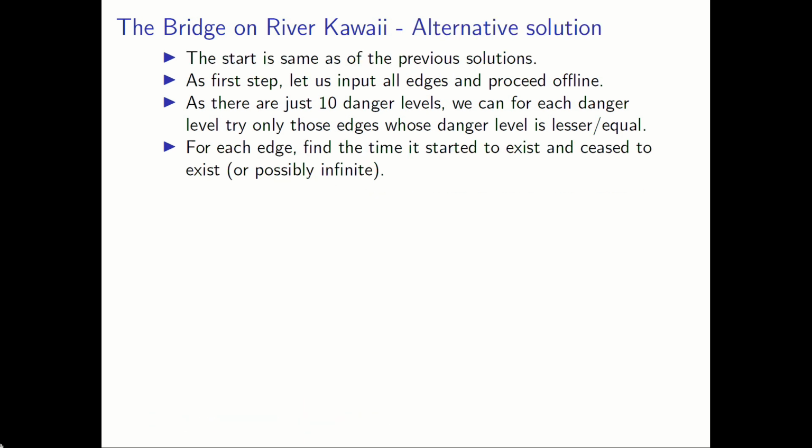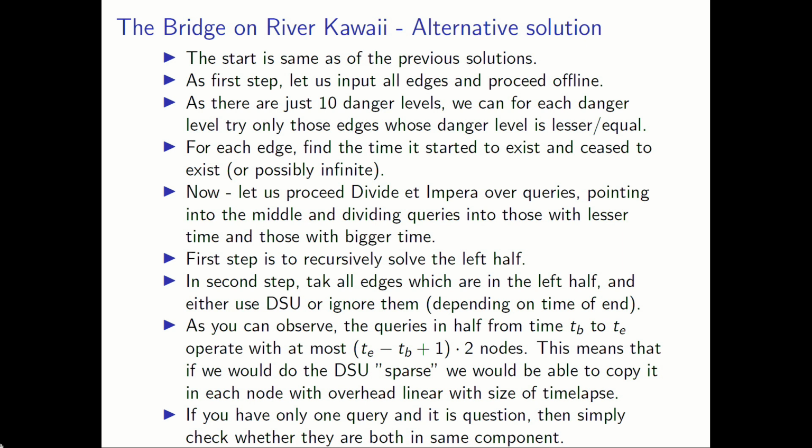Another solution, I guess a better one, but maybe it required more work, was to do the same at the beginning and then divide the edges into halves. You can also use union find, but it wasn't necessary for this solution. You just divide the queries into halves and make some graph from the edges for which you know they will surely be in the second part of the division.